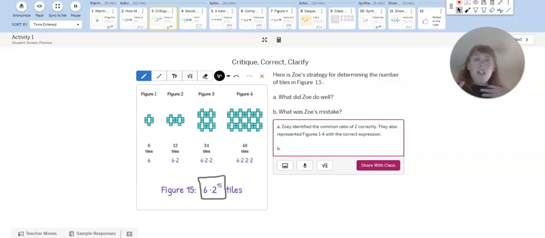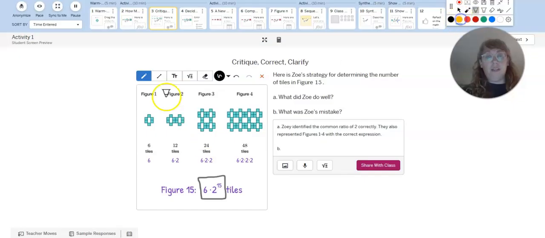But something that we're going to talk about in this lesson that we have to be careful about is that this is starting with figure 1. So typically when we just put that number in the exponent, we would have started with figure 0. So we don't actually want to multiply it 15 times to get to the 15th figure.